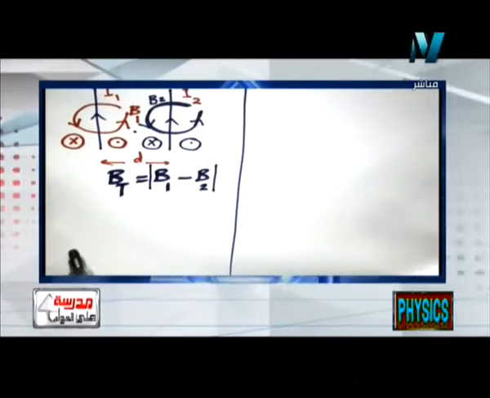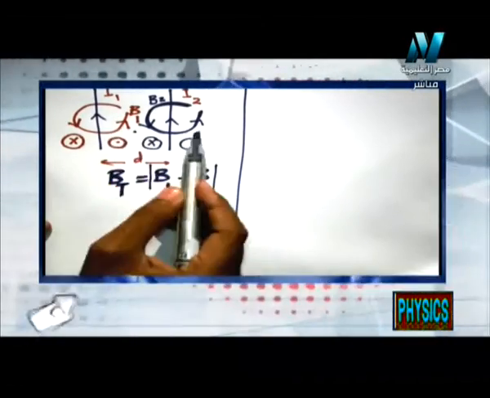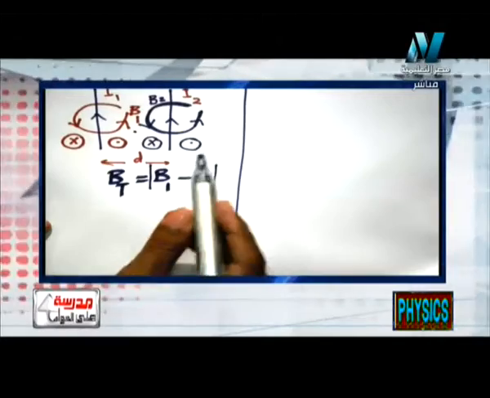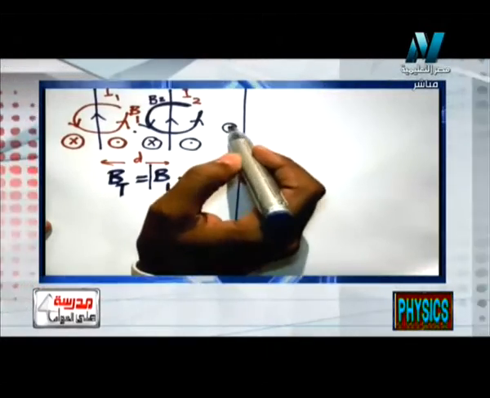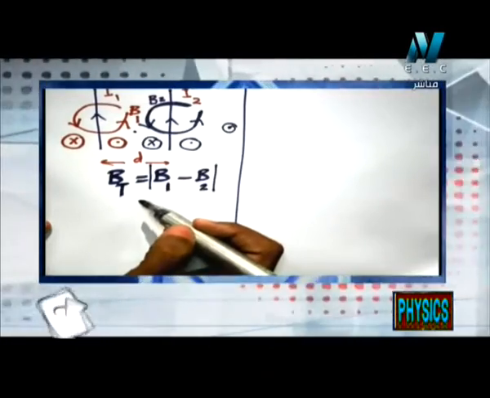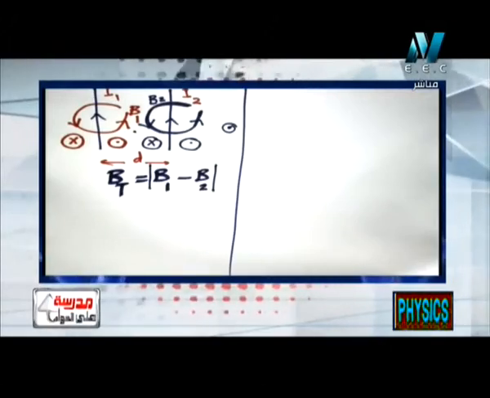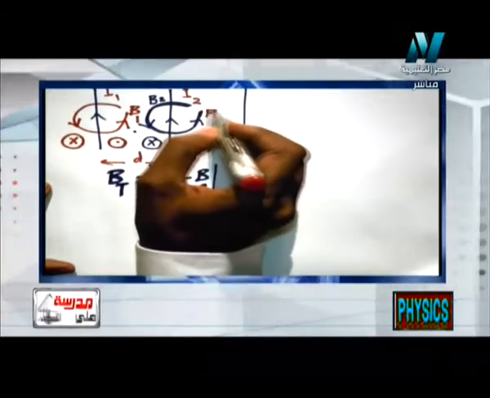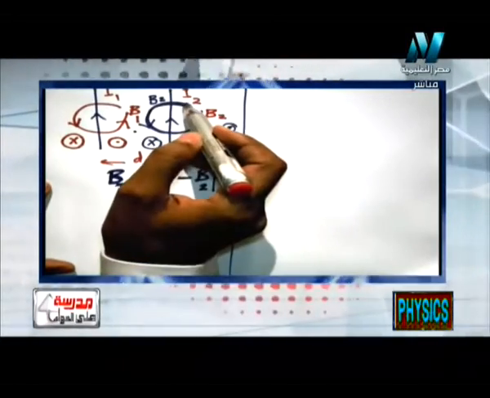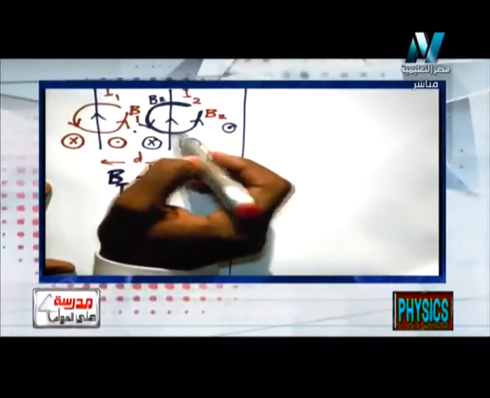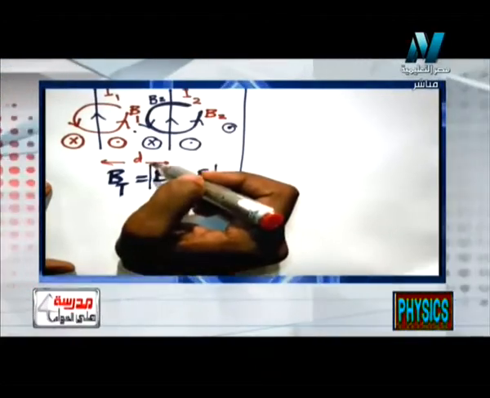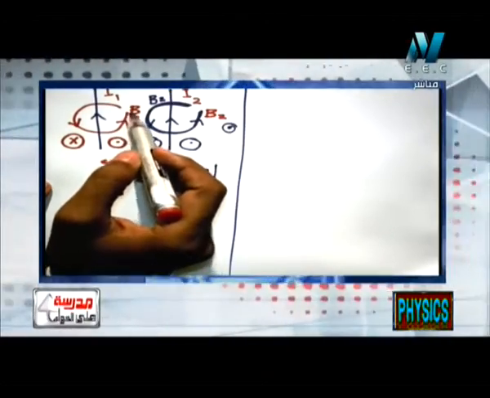But if we choose a point outside the two wires, a point like this one, the direction of beta 2 at this point is like this. But what about the direction of beta 1?